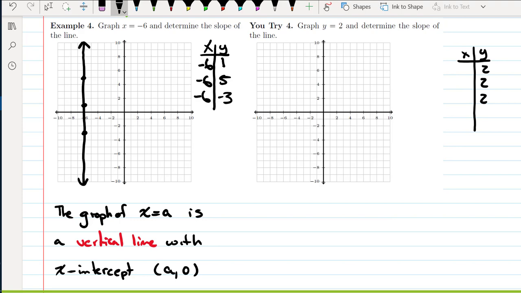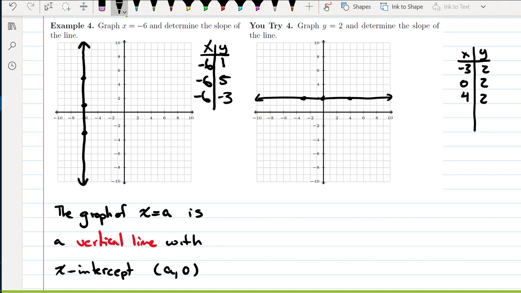So in this case, the values we pick for x don't matter. So if I go to -3 and 2, 0 and 2, and 4 and 2, and we connect the dots, we get a line that looks like this.